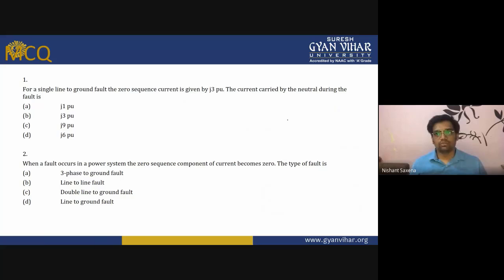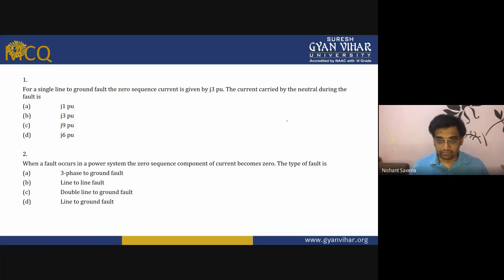Now let's do some MCQs. Let's discuss this first question. For a single line to ground fault, the zero sequence current is given by j3 per unit. The current carried by the neutral during the fault is?